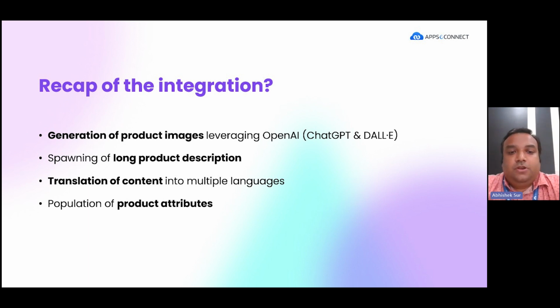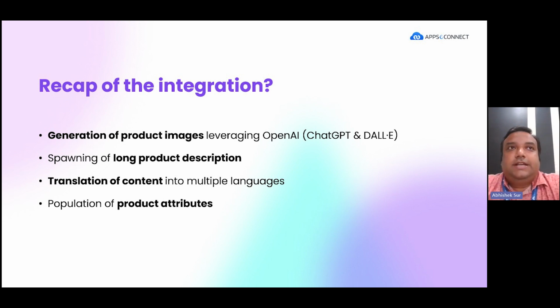We can also have other use cases like translation of content. Many times, for instance in Shopify, you can have multiple stores in multiple languages. In that case, the OpenAI application can help you translate the data present in one store to all other languages that you need.